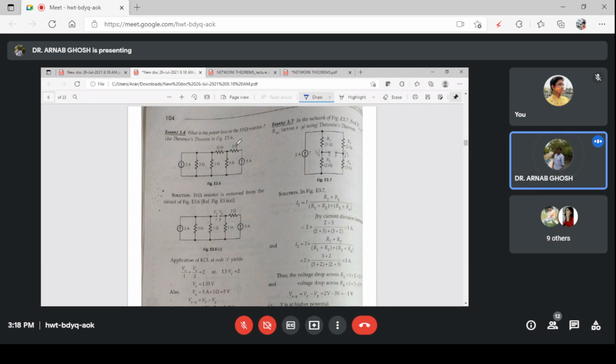Calculate the voltage across the load resistance 10 ohm, or you can calculate the current also, and then I square R will give you the power. So first calculate the open circuit voltage and the internal resistance using Thevenin's theorem. First do the problem without the dependent source.